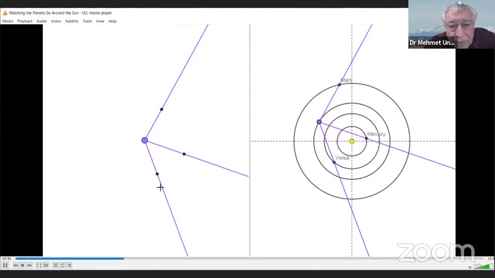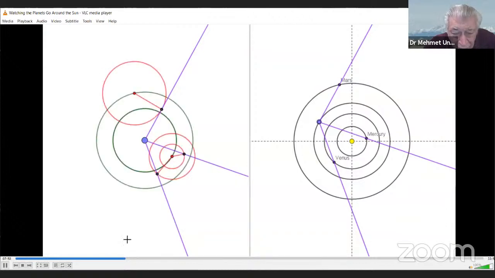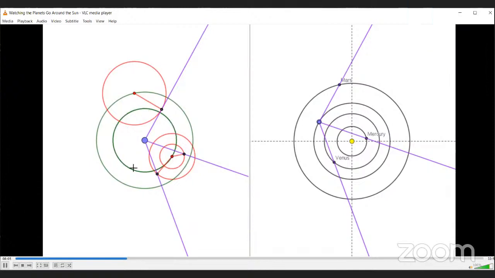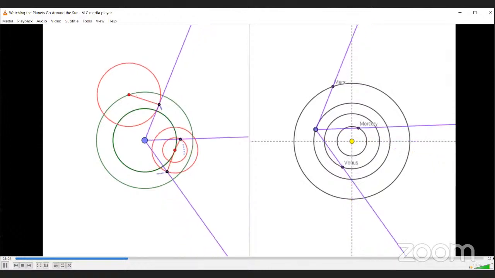The epicycles are going around a point that's going around the Earth. So let's add these epicycles in, and I have those in red. And then the centers of the epicycles I have tracing out these green circles around the Earth. Let's see how that works.